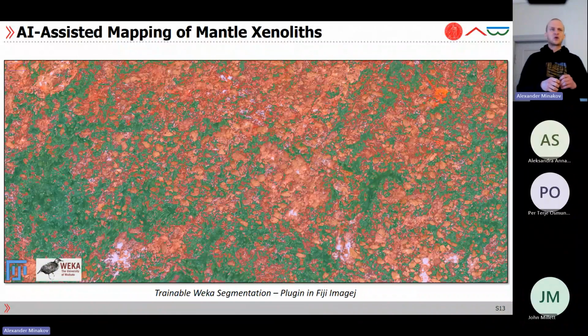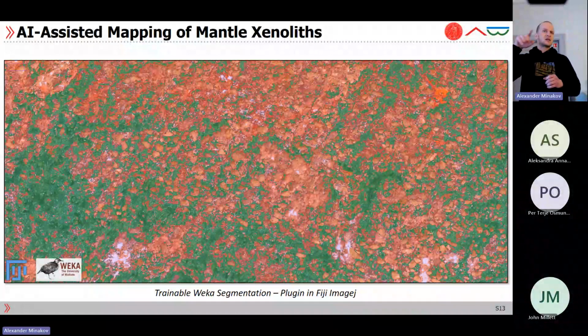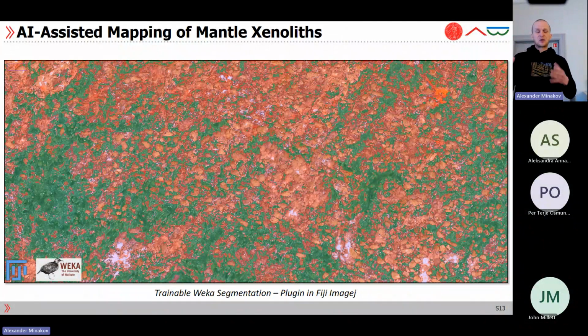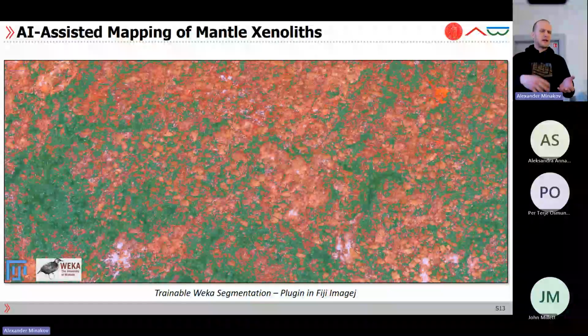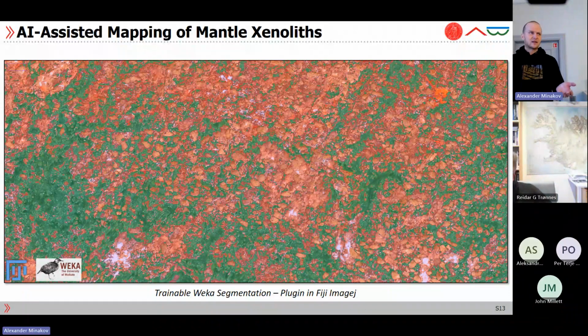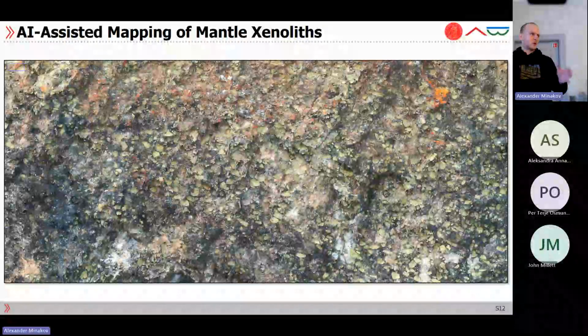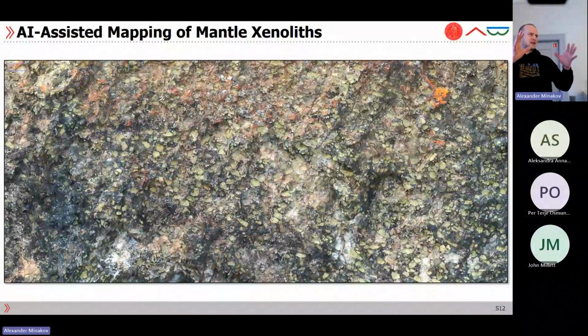I think many petrographers are using it to delineate grains and to get their morphometries, A-axis, B-axis, and so on.